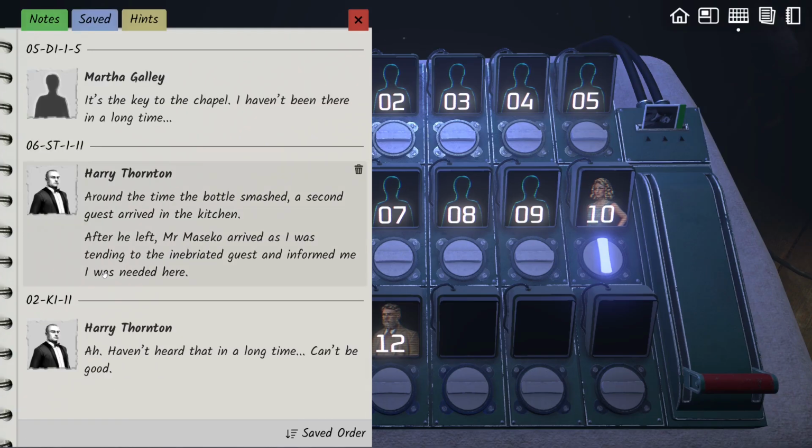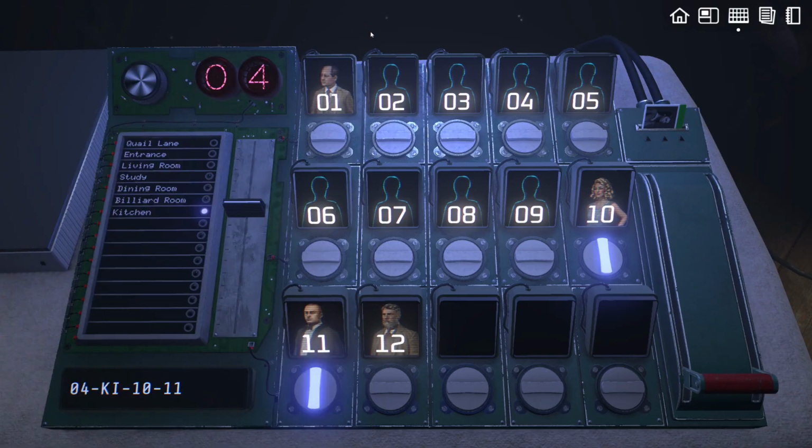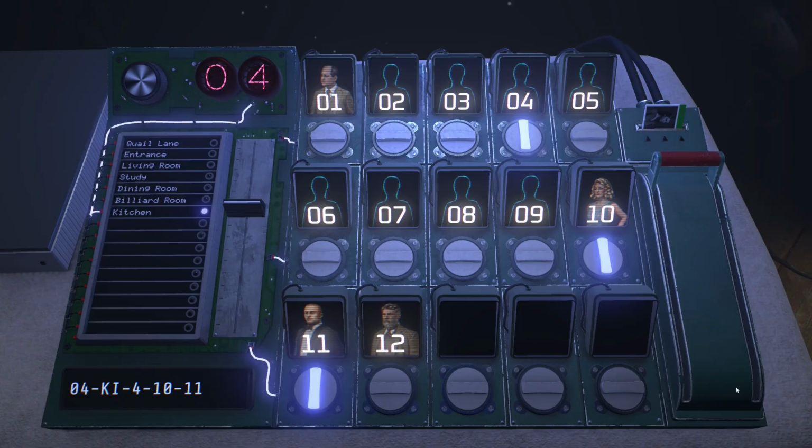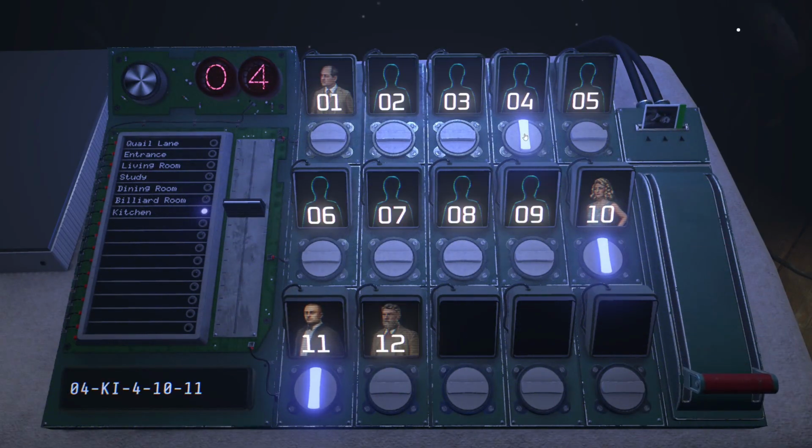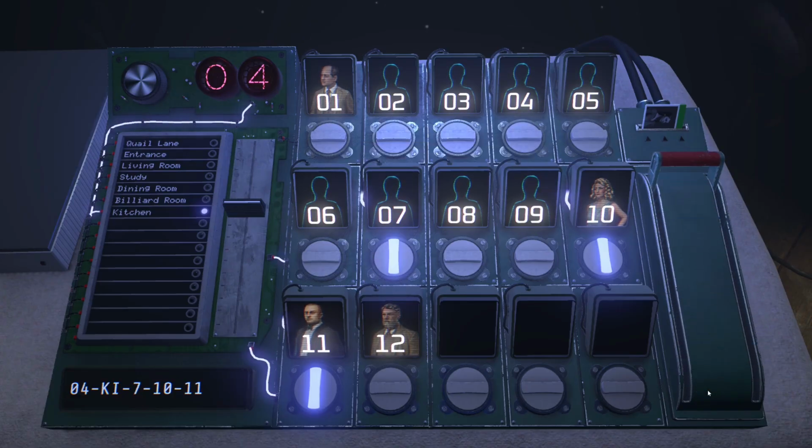How was it said? Around the time the bottle smashed, the second guest arrived in the kitchen. So maybe it wasn't with Mr. Masako. Okay. No. Is it Victoria came down to the kitchen?